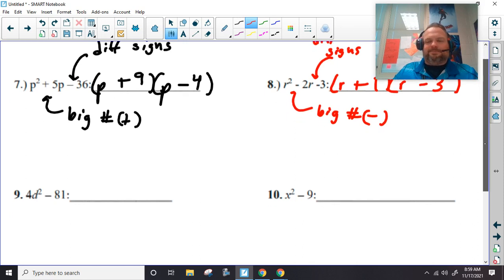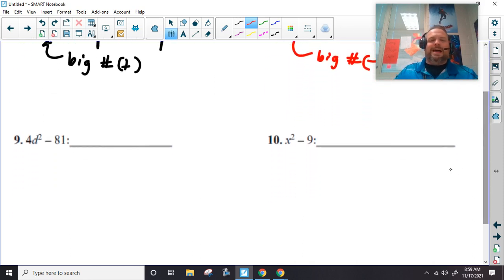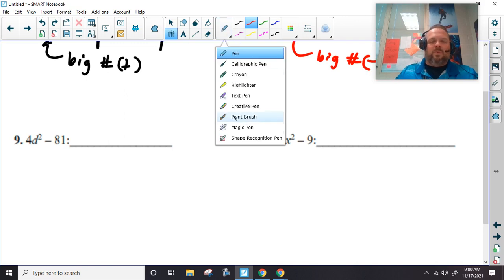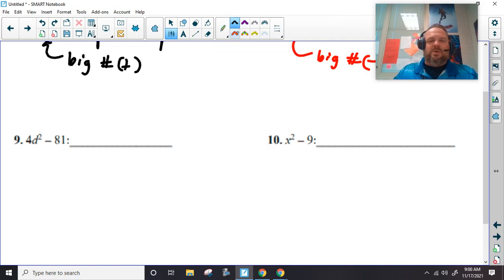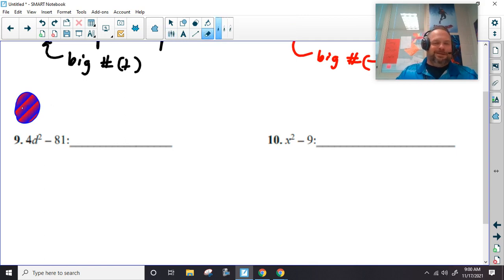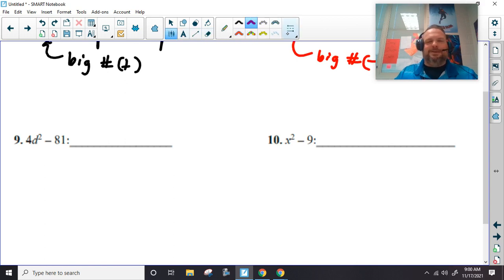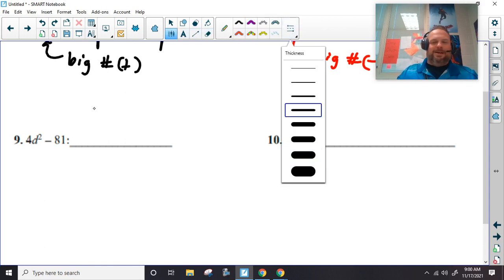Now, 9 and 10. What kind of problems are 9 and 10? The exponents. Yes, they do have exponents. You are absolutely correct on that, sir. Okay. Not going to lie.